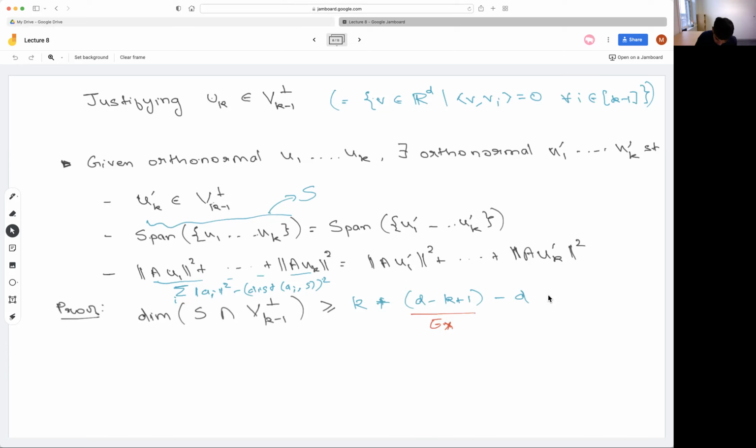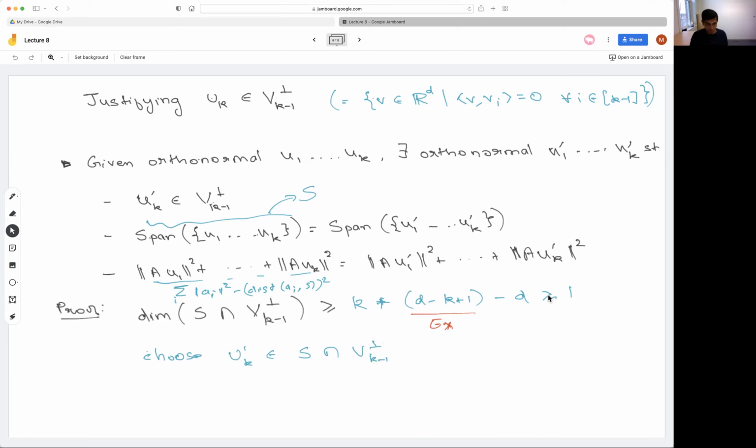And so this is at least one. At least one means that there is at least one vector here which is non-zero. And if there is a vector which is non-zero, we can also divide it by its norm and get a unit length vector.